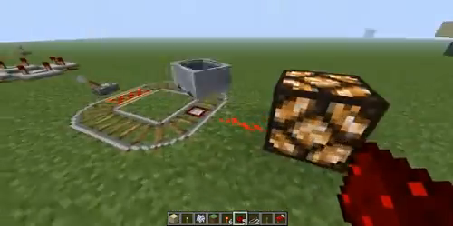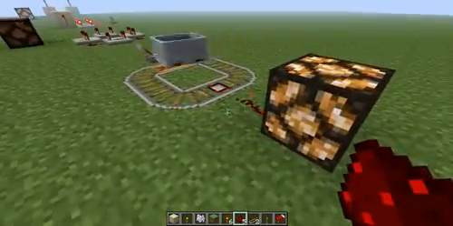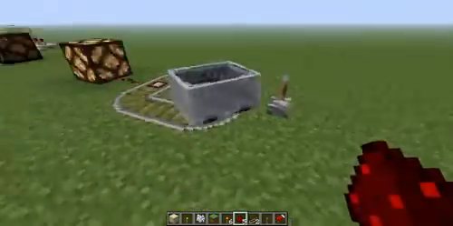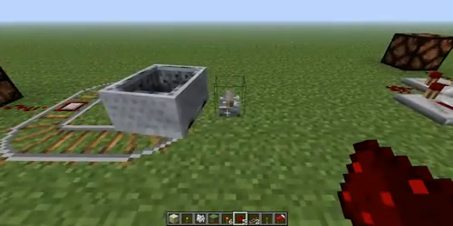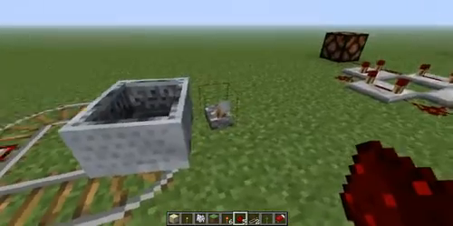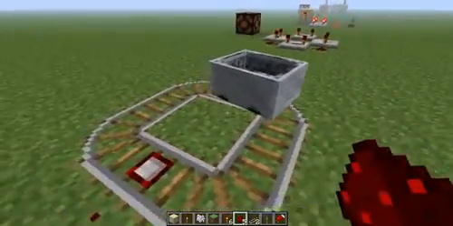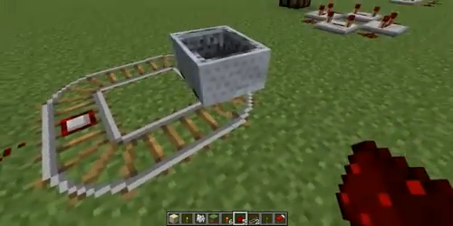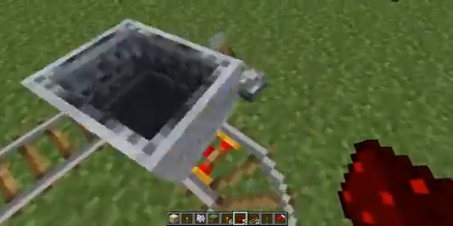Then we have this minecart clock. I don't think it's very useful because if I turn this off, the clock does turn off, but if I turn it back on, it doesn't restart because the minecart is still. I have to push it.